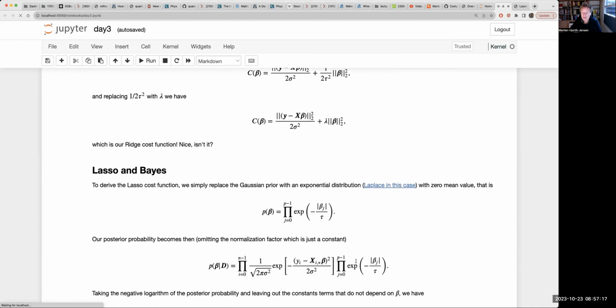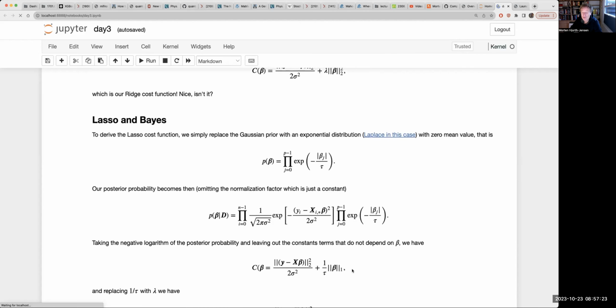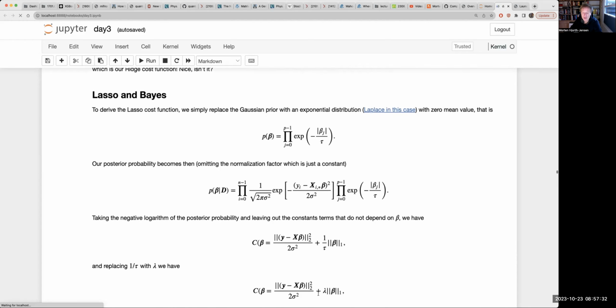And if we now take the minus log of these terms here, we end up with this term here, which is nothing but the optimization of lasso regression with a parameter lambda, where lambda is now given by 1 over tau. And this tau here is again the variance of this exponential or Laplace distribution.